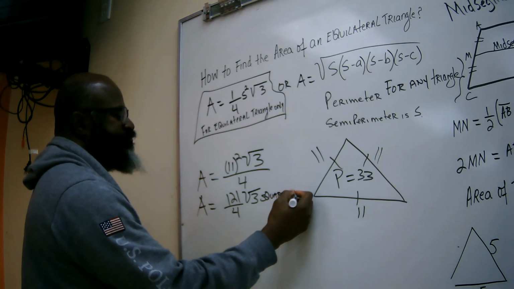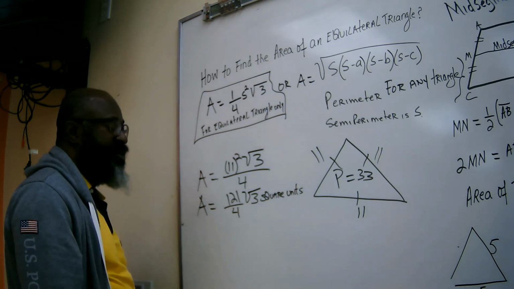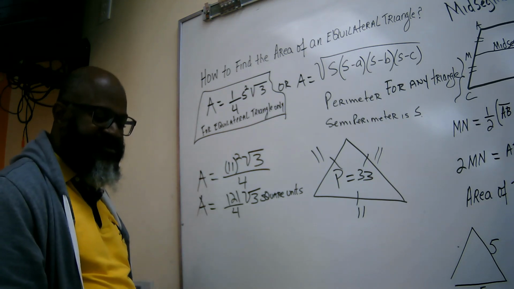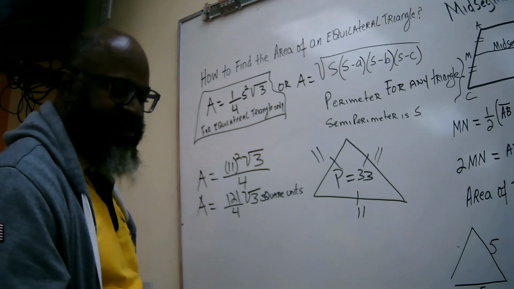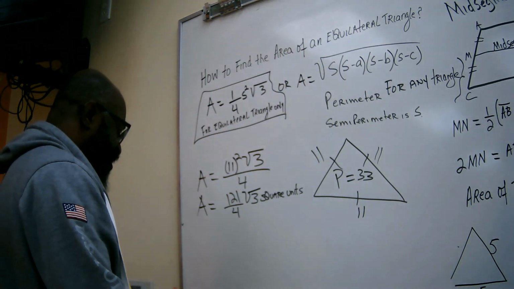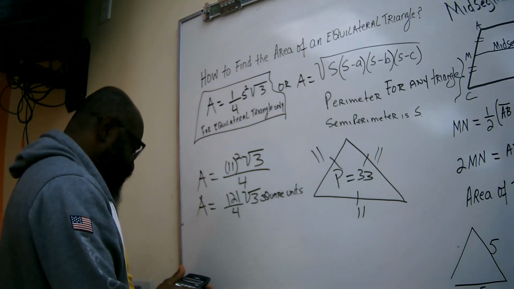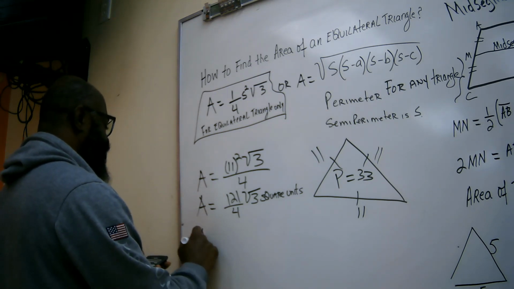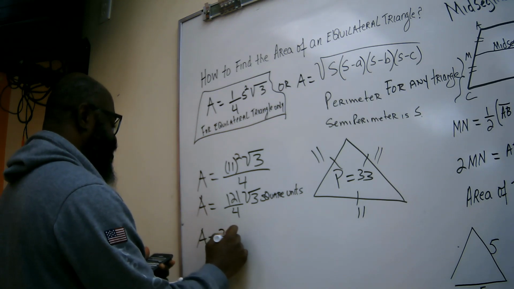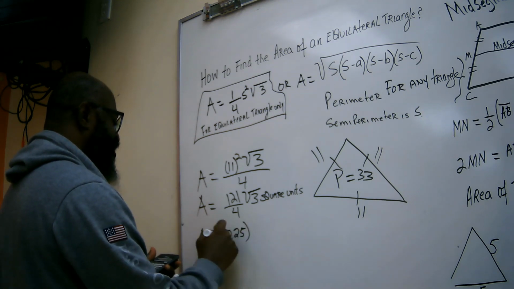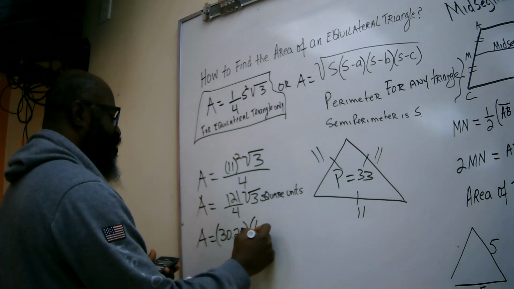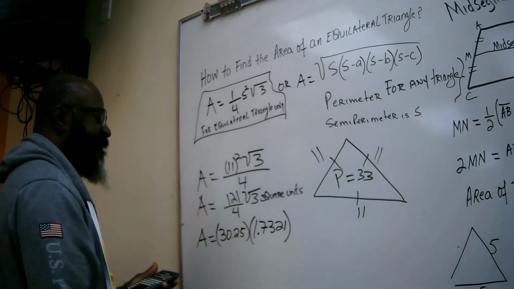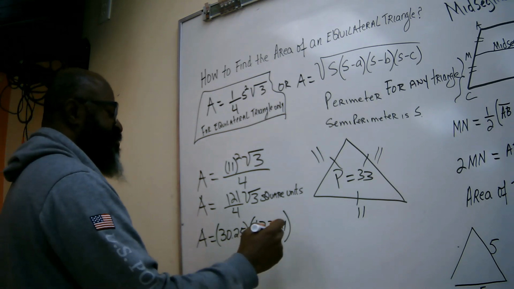Anytime they don't ask you to round this to decimal, that's where you stop. But we can take 121 divided by 4. This will give you about 30.25, and as you know, square root of 3 is that, expressed in square units.